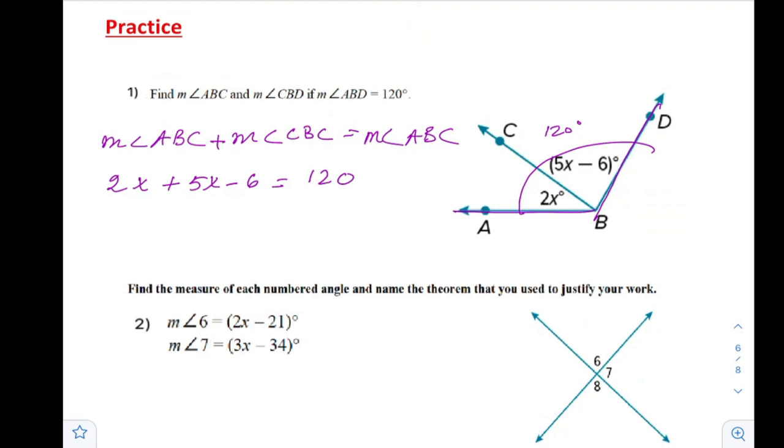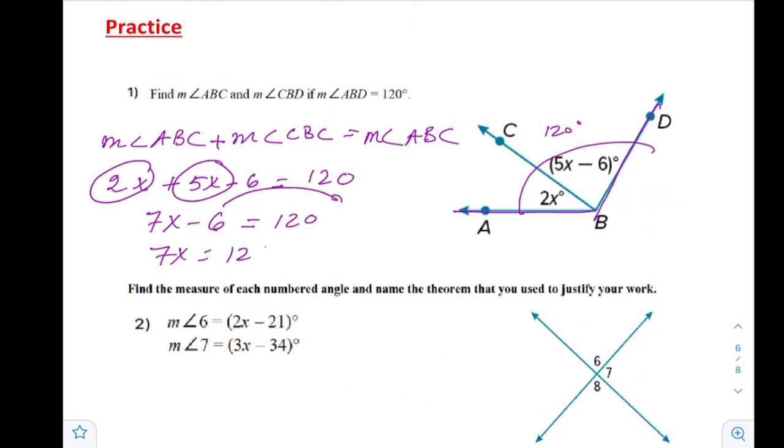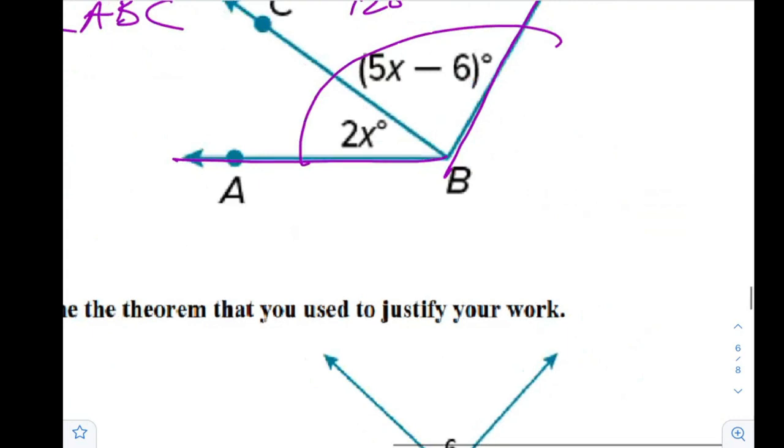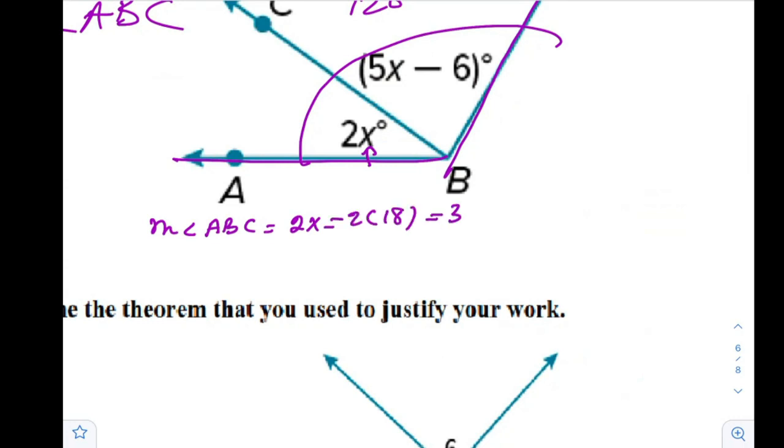And all you need now is to solve the equation. 7x minus 6 is 120. 7x is 126, dividing, so 126 divided by 7 is 18. This is x. So when x is 18, how can you find the other angles? We will replace. For this one, the measure of angle ABC is 2x, so it's 2 times 18, which is 36.